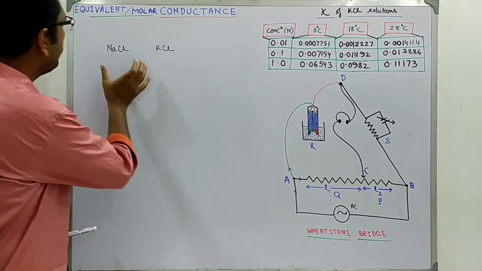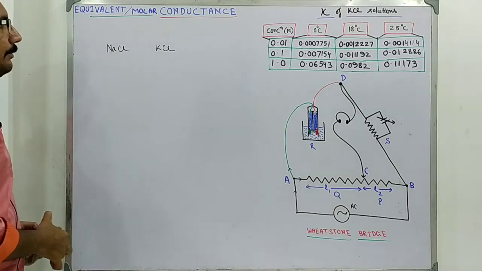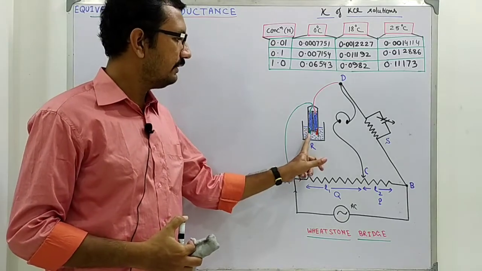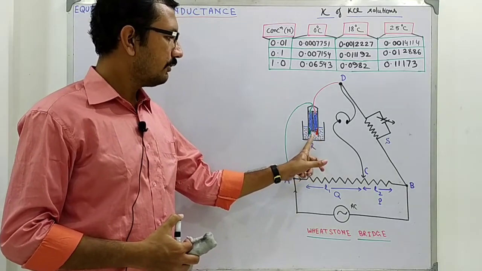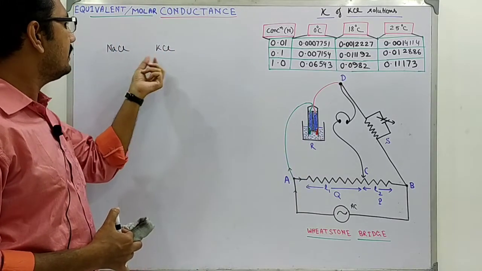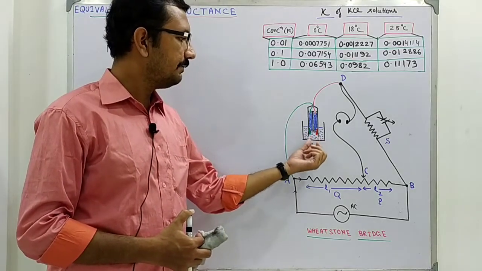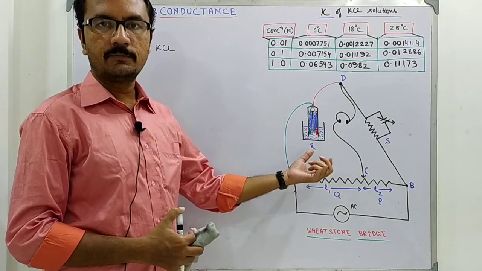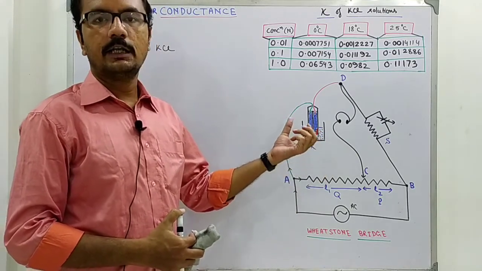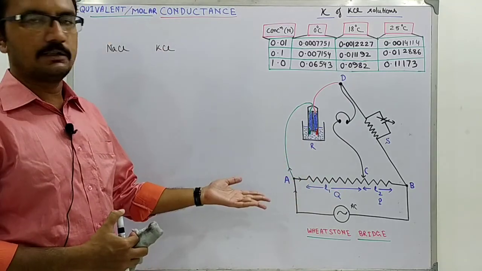So, the specific conductances of NaCl and KCl will be proportional to the number of ions that you place between these two electrodes. So, if you take a huge amount of NaCl and a very small amount of KCl, the number of ions will be different in the two cases. So, the comparison will be erroneous. That is not a permissible comparison.